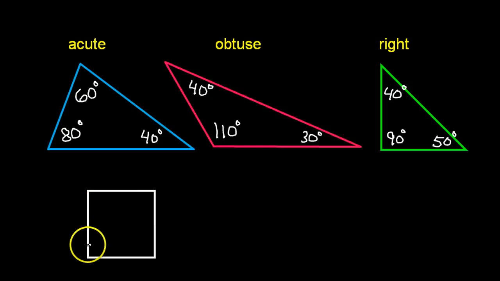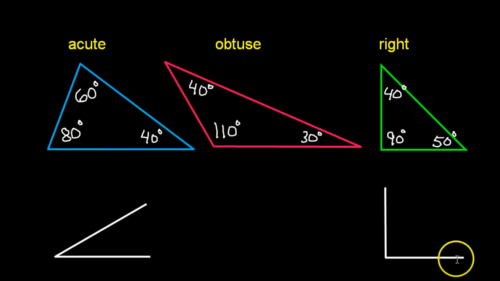They often show a 90-degree angle by putting a little box, alright? But each one of these are 90 degrees. Okay? So that's what a 90-degree angle looks like. Now any angle that's less than 90 degrees is going to be an acute angle.